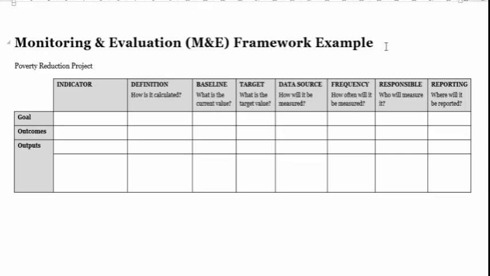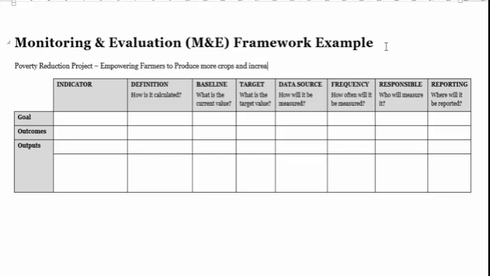I've deliberately introduced the log frame here so that we can use it as a point of reference. Initially, I thought I had an actual logical framework from a project, but it turns out what I had was more of a guiding template. That's all right though, because we can build one ourselves. Let's work through an example together.